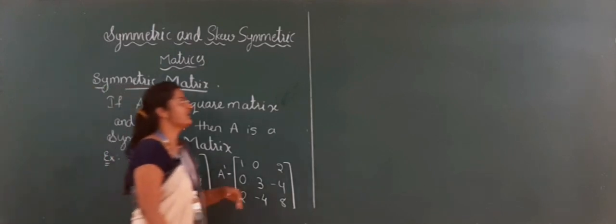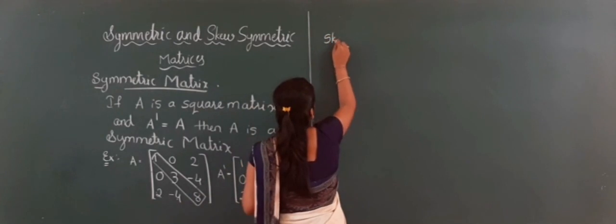Then directly we can say that this matrix is a symmetric matrix. Similarly, we will learn what is skew symmetric.